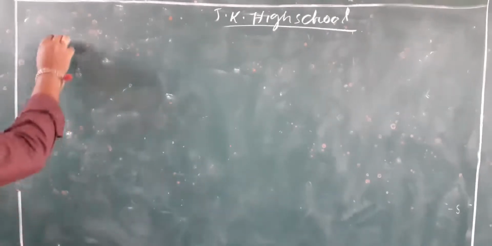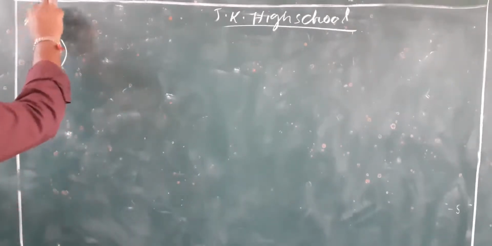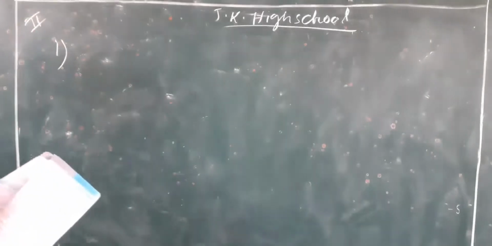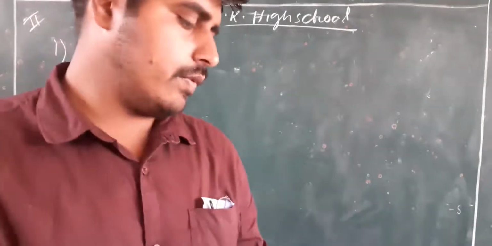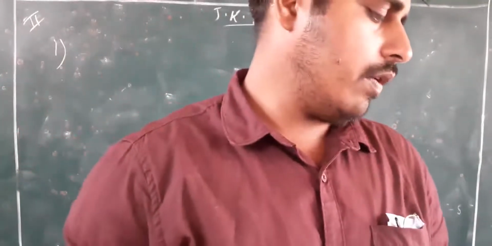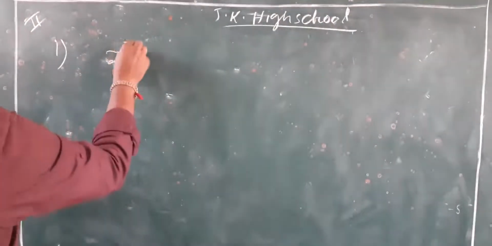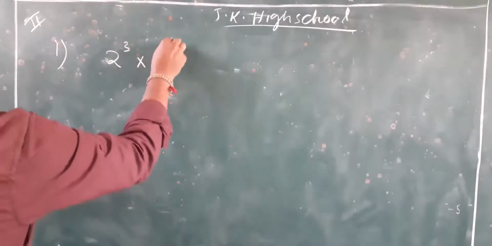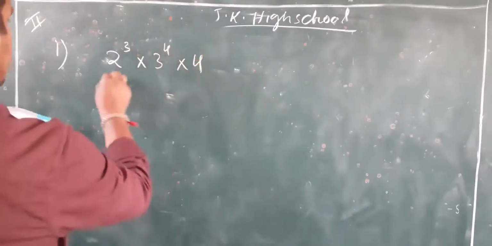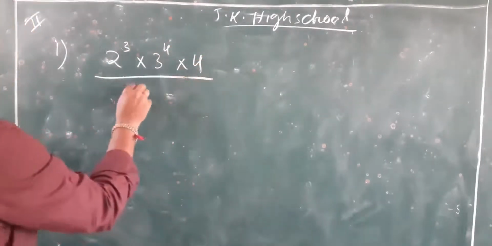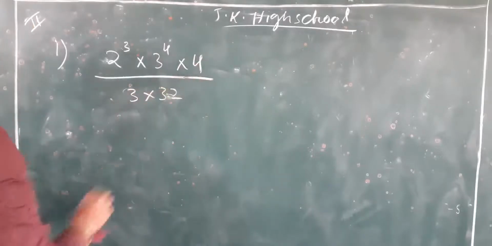The second exercise, first one: simplify and express each of the following in exponential form. In the second one, first one, 2 cube into 3 raised to 4 into 4 divided by 3 into 32.